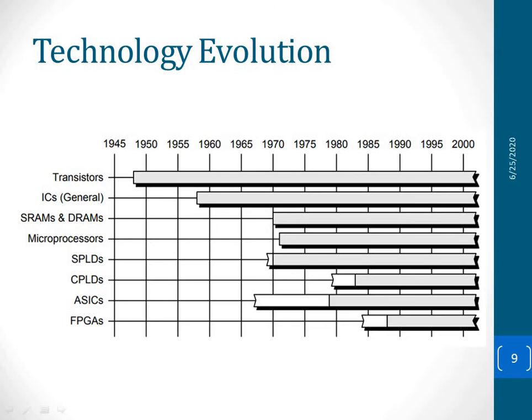If we move on to technology evolution, you can see the transistor count has been increasing, and ICs in general are also increasing. SRAM and DRAM are used even now. Microprocessor, SRAM and DRAM started in 1970 and are used even now.